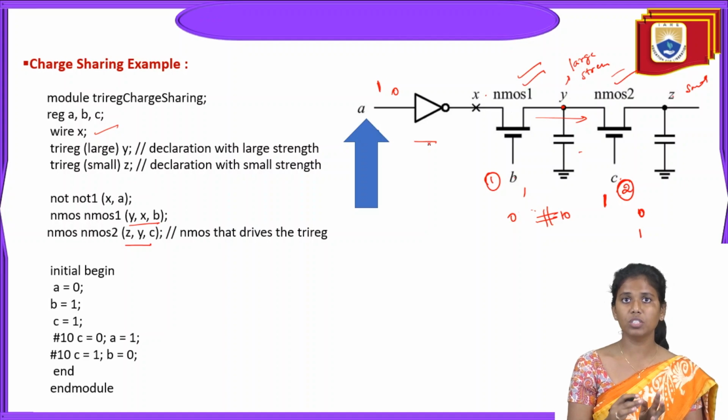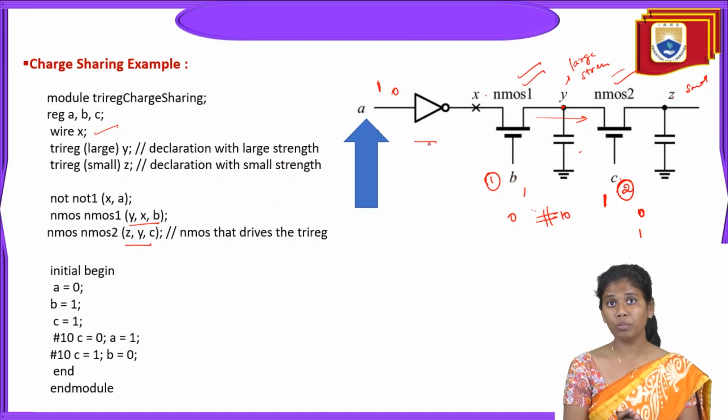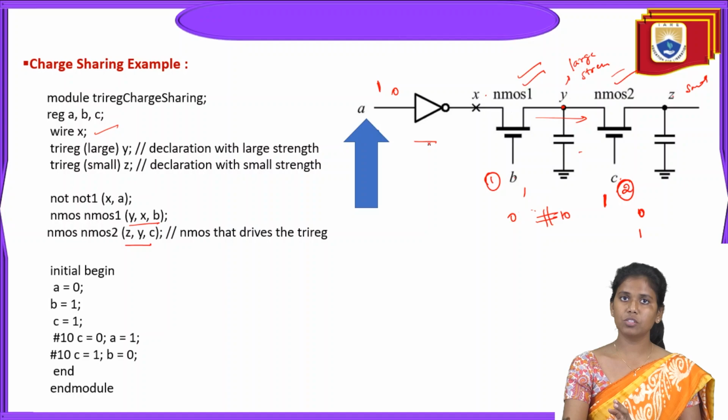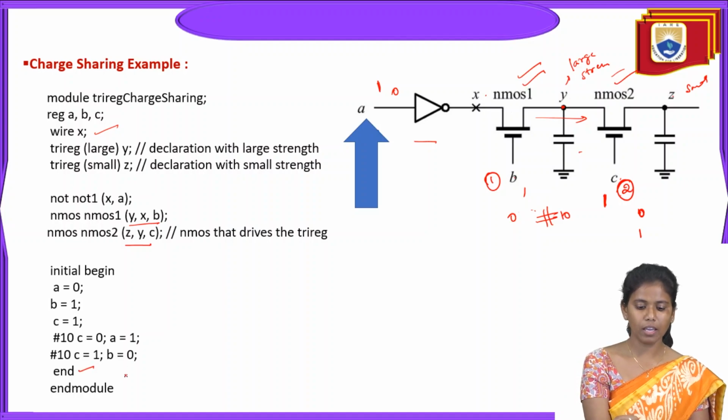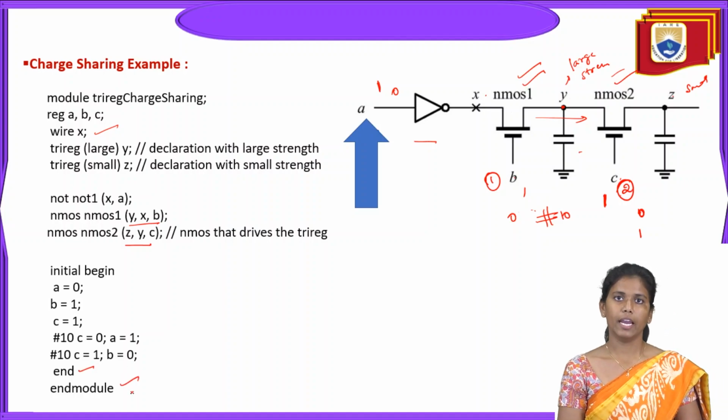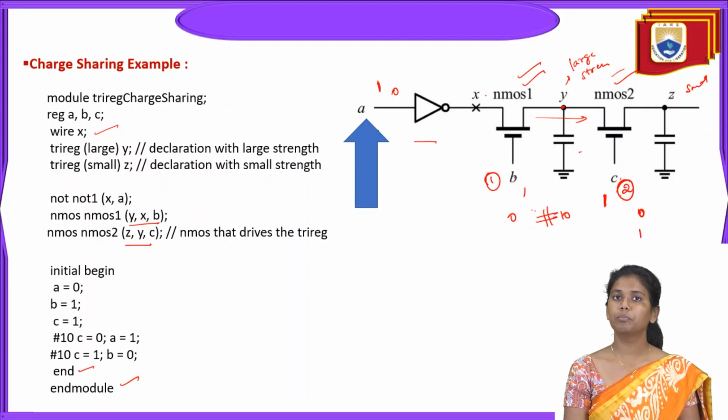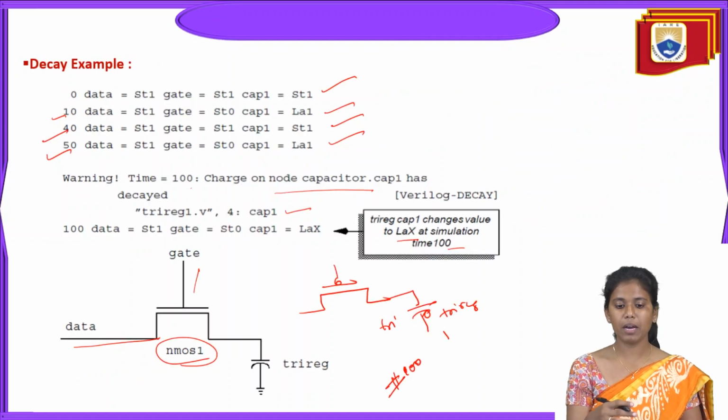This is how the charge is transferred, or shared, among these two switches, and then it finally ends with endmodule. So this is about the problem solving that we can come across in switch level modeling. This is one of the best examples, one of the problems that will arise: how the charge can be shared among two different switches, and also we have discussed the delay.